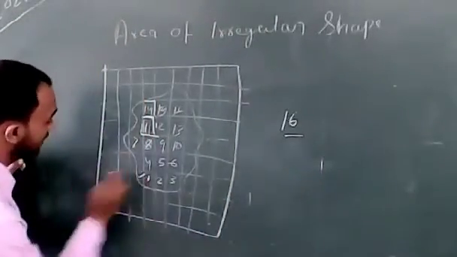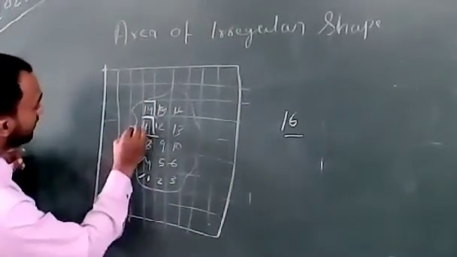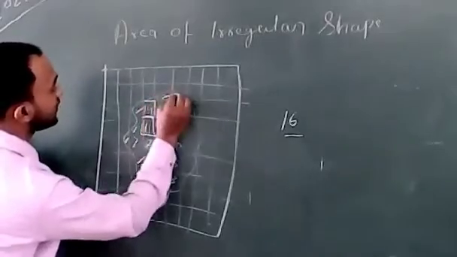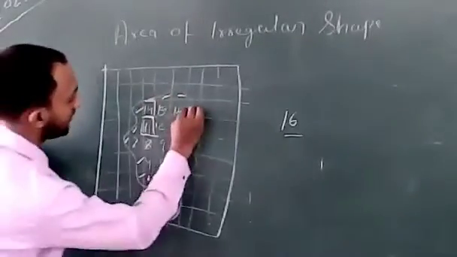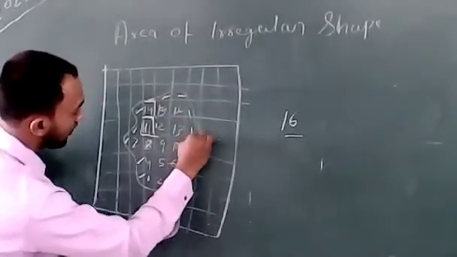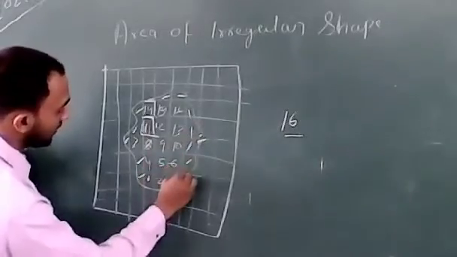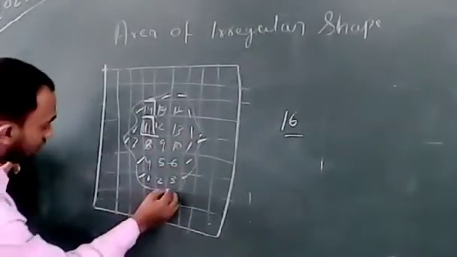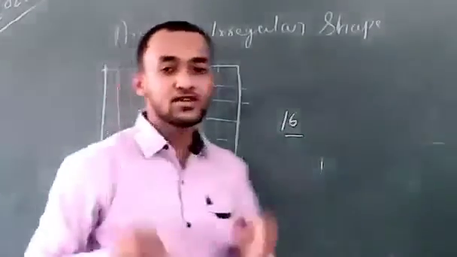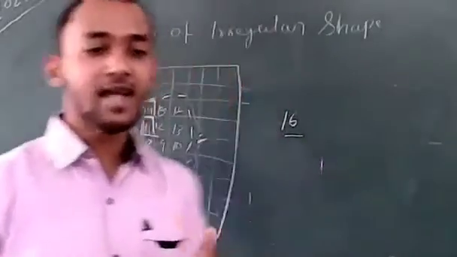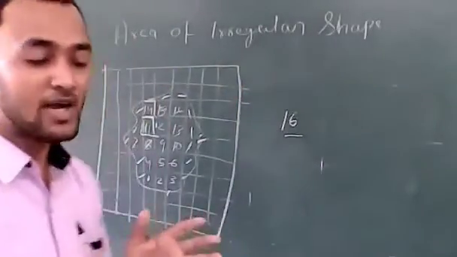So this one is partial: 2, 3, 4, 5, 6, 7, and this is also 8, 9, 10, 11, 12, 13, 14, 15, and this also 16. So 16 squares are covered completely and 16 squares are covered partially.